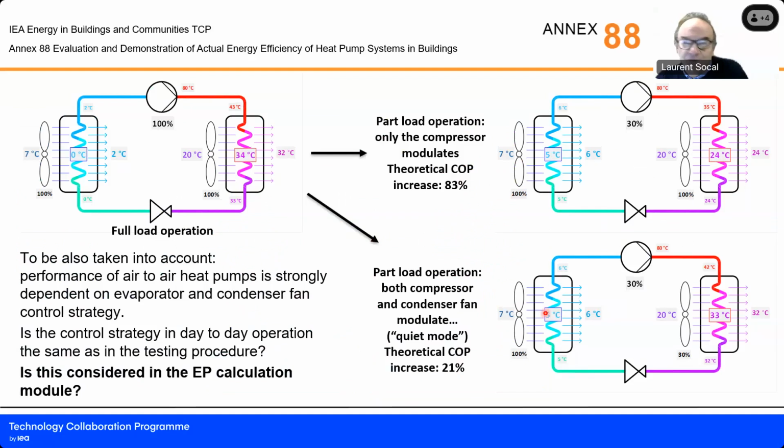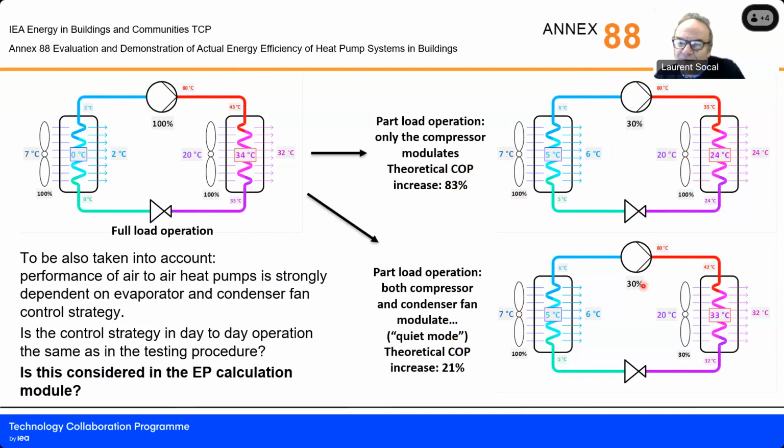And you can see here, for example, another hidden complexity, which is quite relevant. You see here a full load operation for an air-to-air heat pump. And of course, if you modulate down, you know that an air-to-air heat pump will increase its efficiency. Basically, because if you just slow down the compressor, you will reduce the temperature difference of the air across the condenser, so that will reduce your condensation temperature.